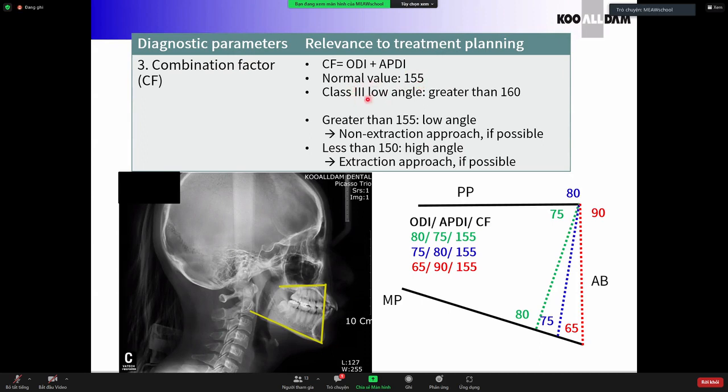However, in class 3, a mean greater than 160 means low angle, so we should do non-extraction. If lesser than 150, this is high angle, so we need to extract some teeth.